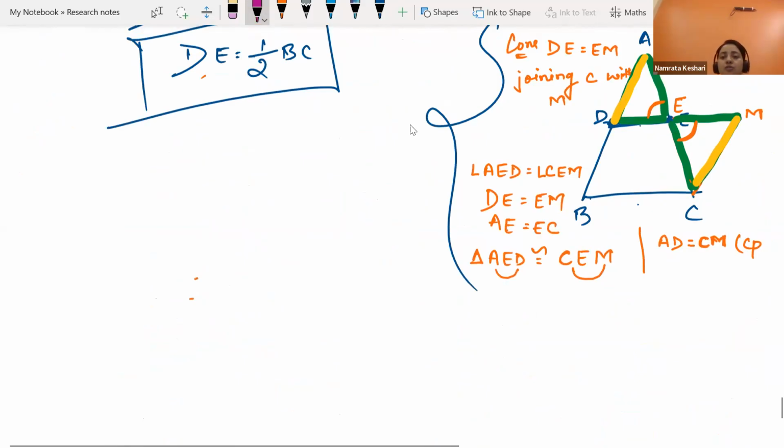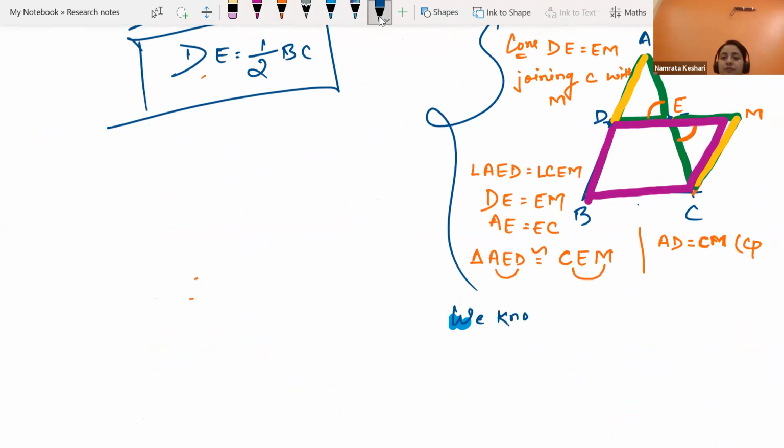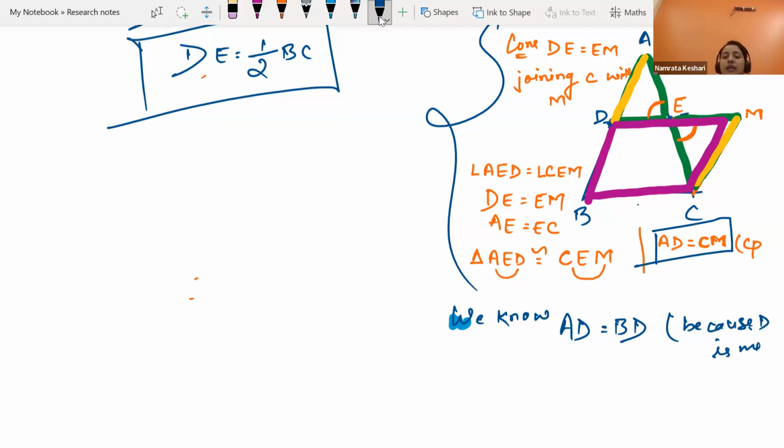Let's focus on this quadrilateral. We already know that AD is equal to BD, because D is the midpoint, and here we have written by CPCT AD is equal to CM, so we can say that CM and BD both are the same.